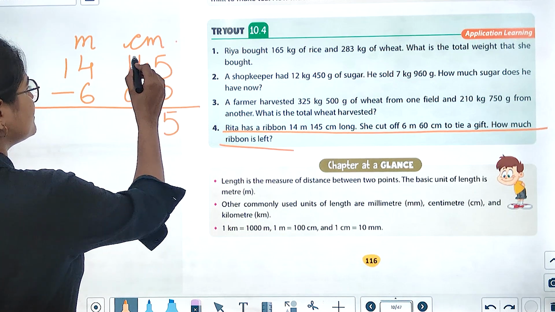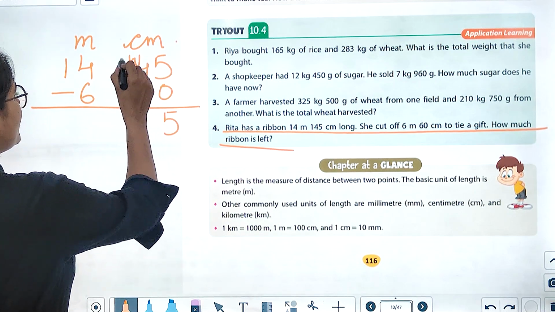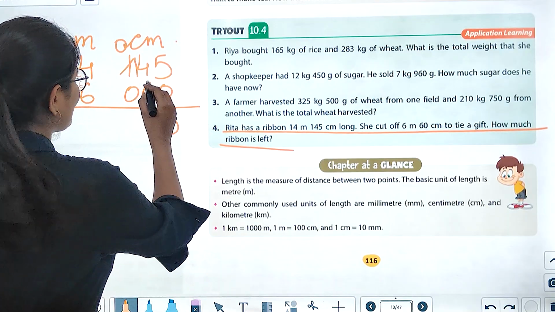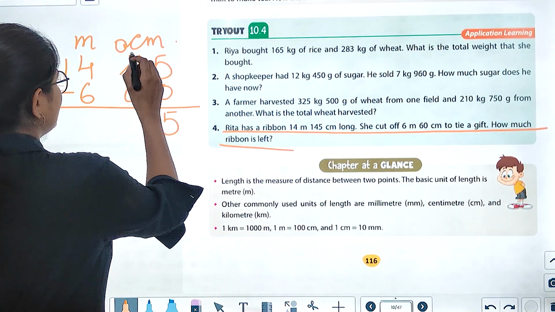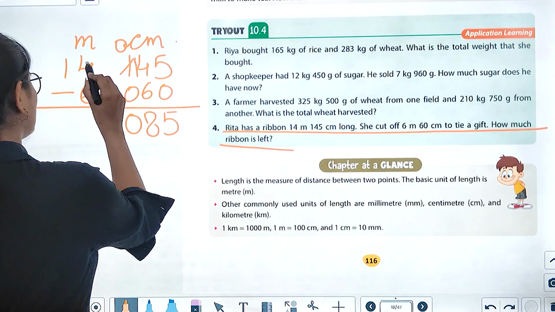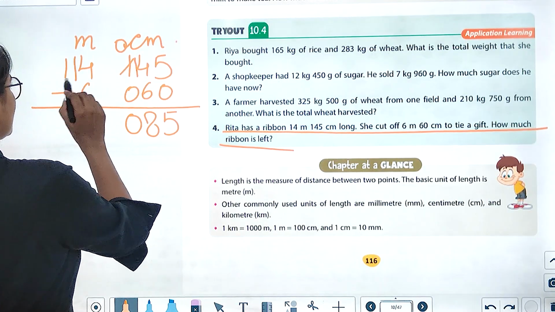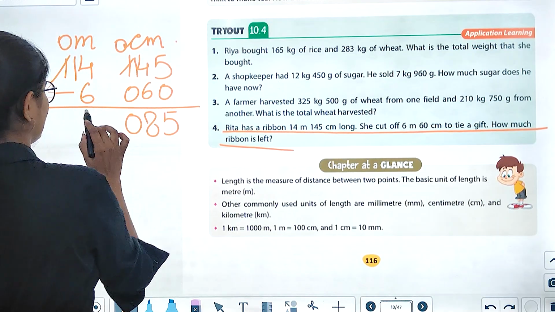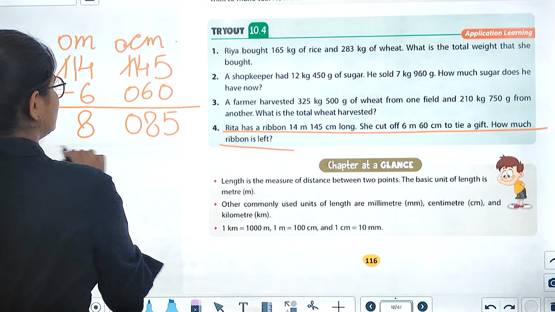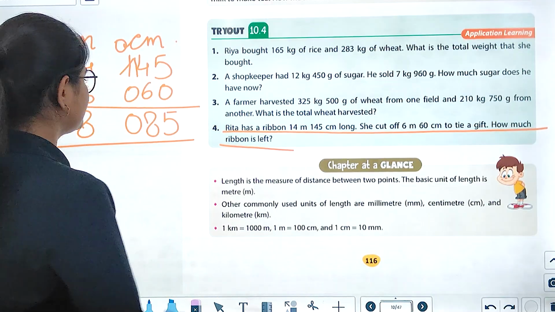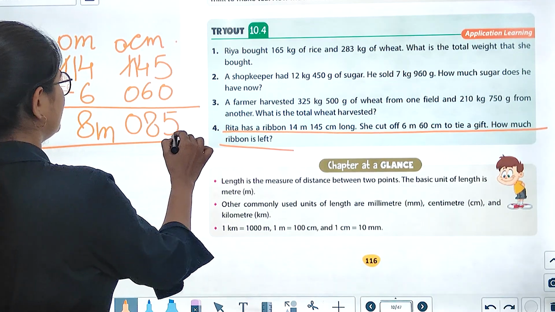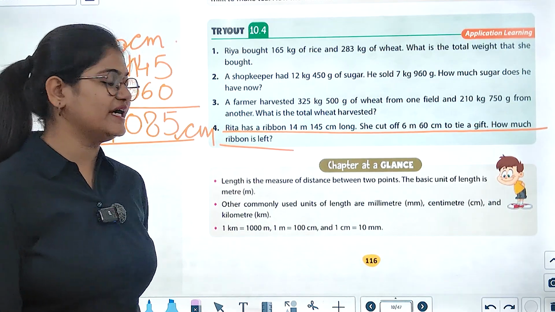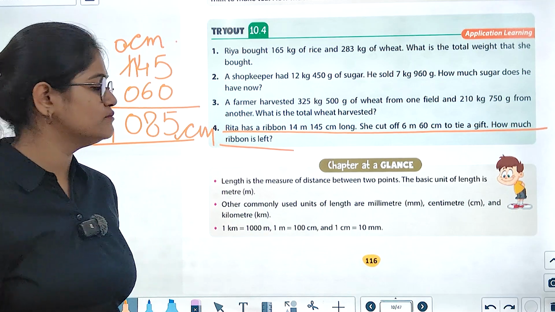Then 4 minus 6 is not possible. So it is 14 and we'll write 0 over here. So 14 minus 6 is 8. Then 0 minus 0 is 0. Then 4 minus 6 again not possible. We'll take 1 carry and 0 over here. So it is 14 minus 6 again. 14 minus 6 is 8. So hence the answer becomes 8 meters and 85 centimeters of the length of ribbon to be left with Rita, right?